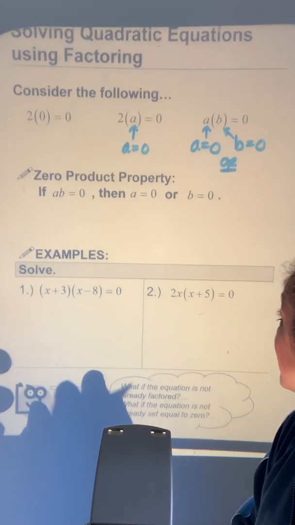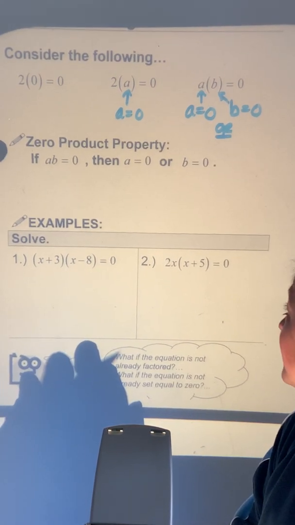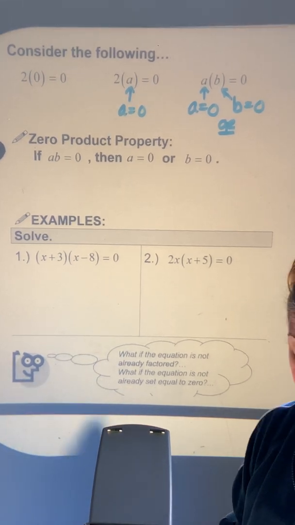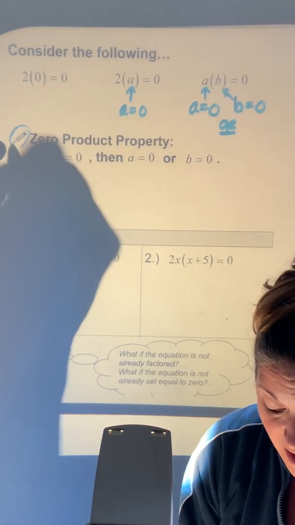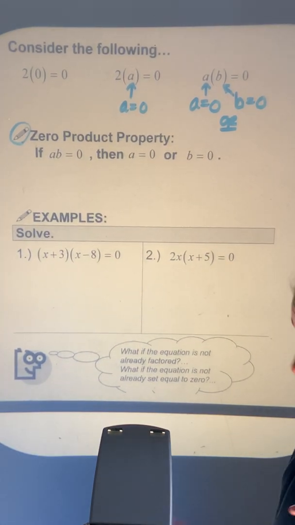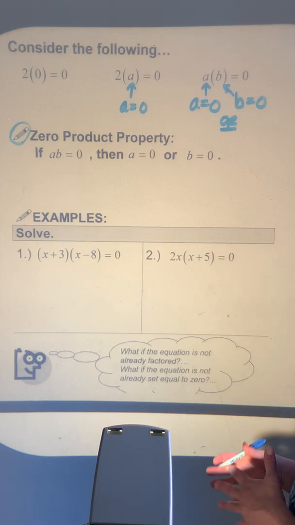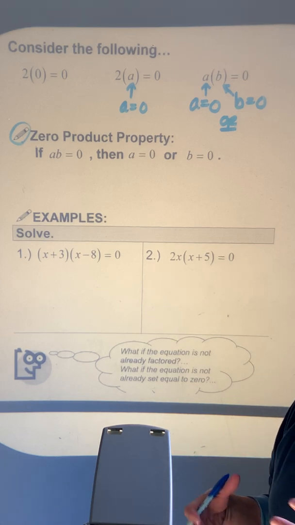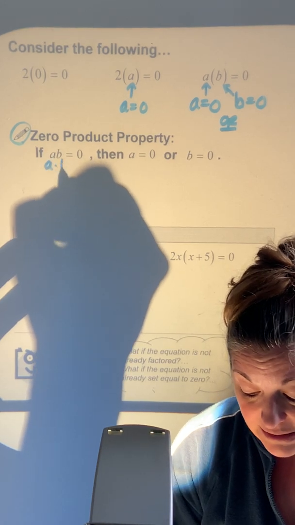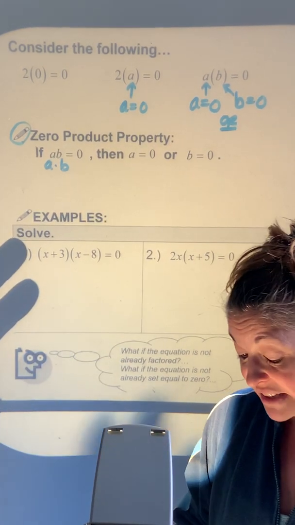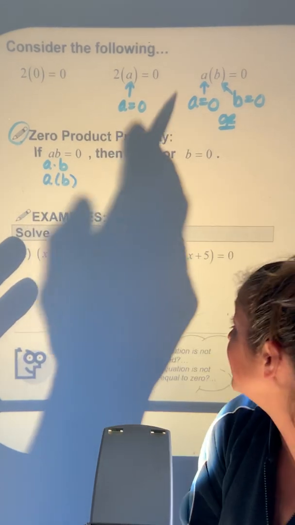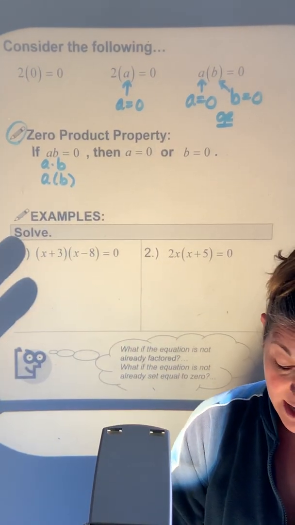And that's what leads us to the most important thing for this section, something called the zero product property. Now again, notice the little pencil symbol, so please make sure that you write this down in your notes. The zero product property tells us that if AB equals 0, now just to be clear, that means A times B. You may see it with a dot, maybe it's A and then B in parentheses, kind of like how we see it up here.